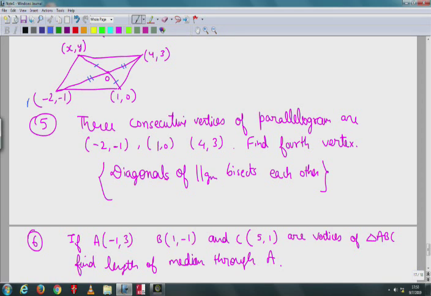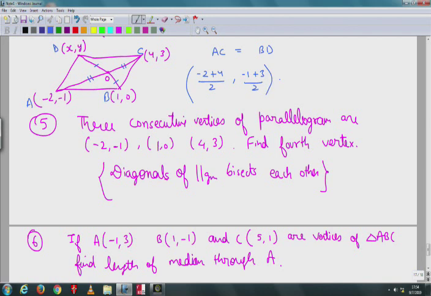If I name them A, B, C and D, then the midpoint of AC is equal to the midpoint of BD. The midpoint of AC is nothing but the average of the coordinates. So the midpoint of AC is -2 plus 4 divided by 2 and -1 plus 3 divided by 2.